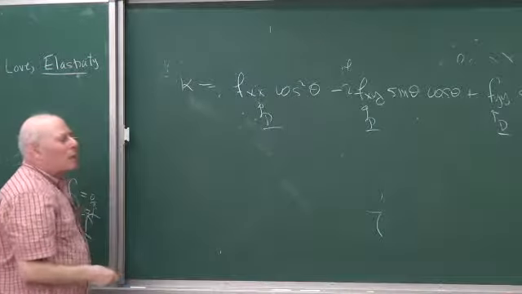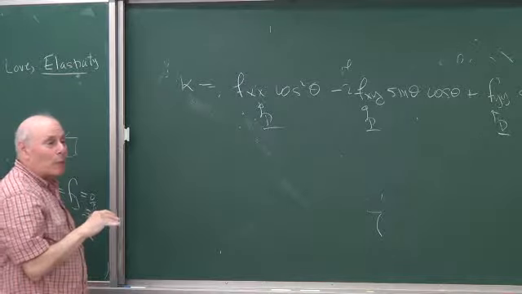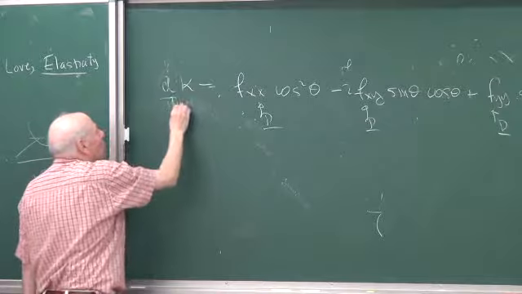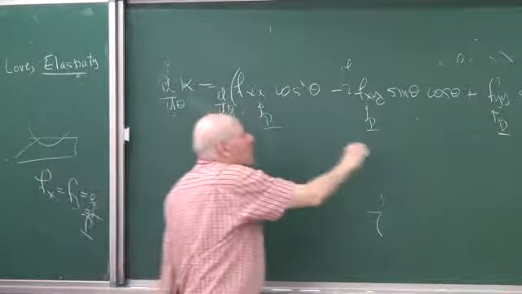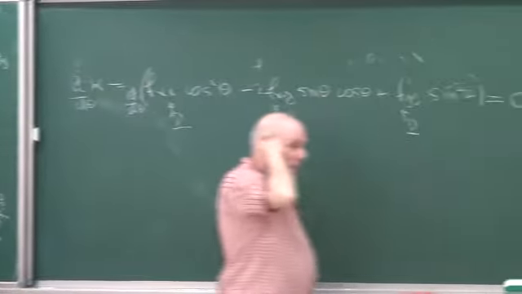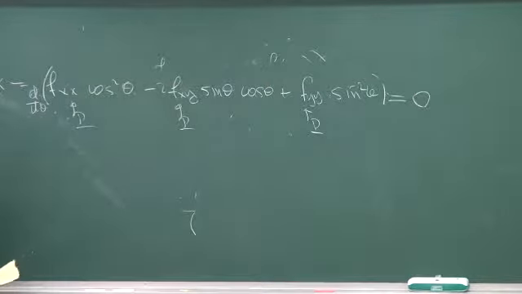Now what did I say? I want to find the principal curvatures, which means I have to differentiate with respect to theta, just as in a calculus exercise, and set it equal to 0 to find the extremum, max and min.